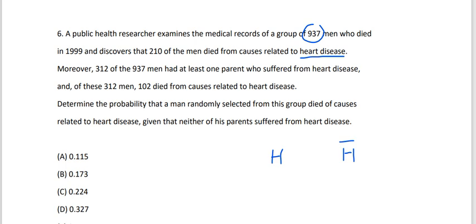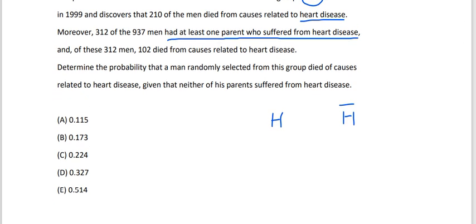Okay, and for some people who died, some patients, their parents also suffered heart disease. So some people's parents suffer heart disease, and some people's parents do not suffer heart disease, right? So here there's also a factor: parents have heart disease or parents do not have heart disease.